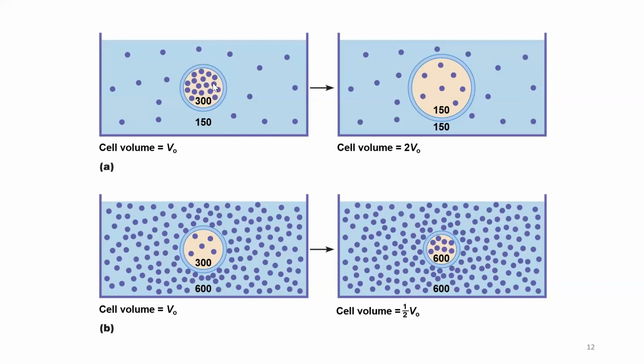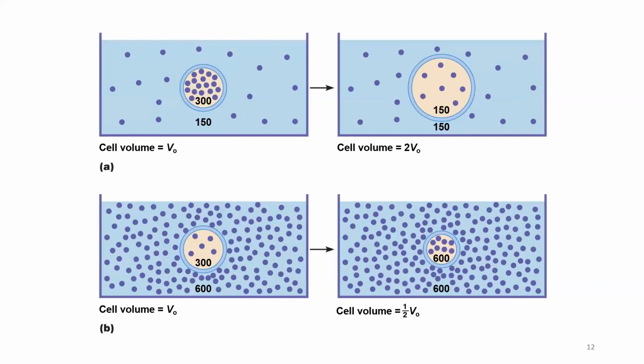Because we have a higher solute concentration inside, meaning a lower water concentration, and a lower solute concentration outside, meaning a higher water concentration. We can think of this from either perspective. Water is going to move according to the water gradient, so from high to low, but you can also think of it moving against the solute concentration, from a low solute concentration to a high solute concentration.